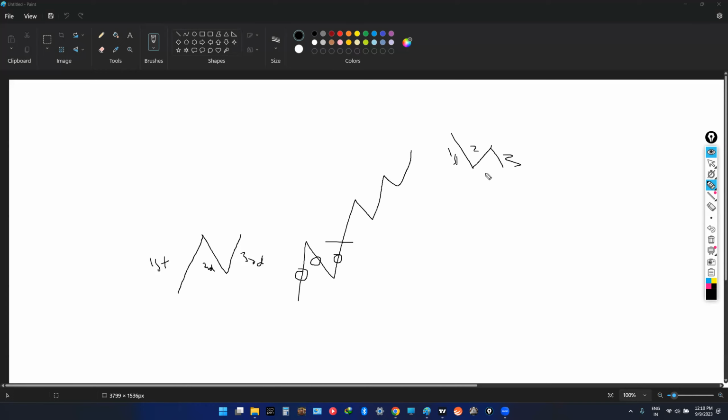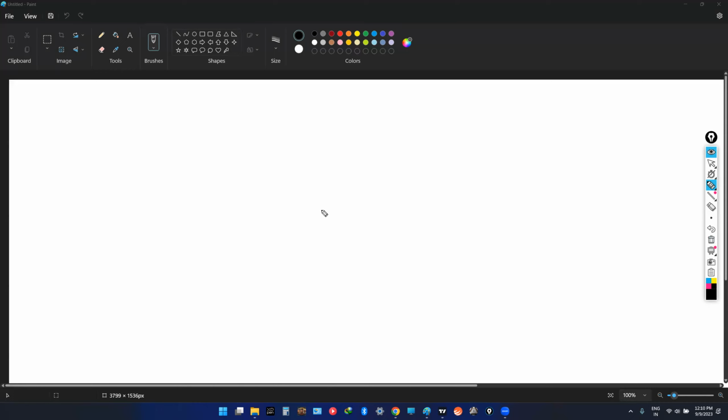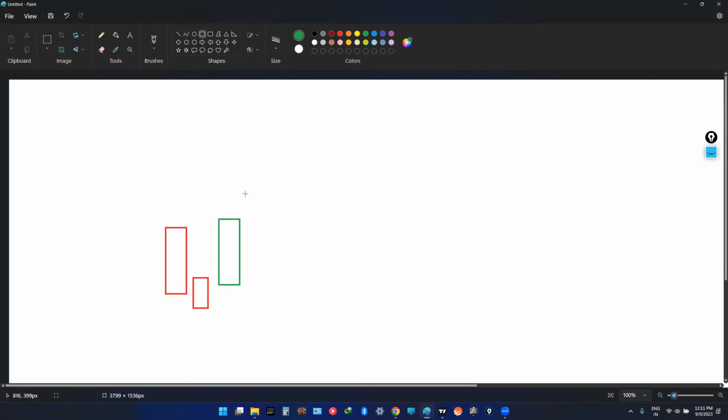This is one of the simplest structures that we can discuss and we can trade or invest on, which is very powerful and very simple. Nothing much to do. So what is the exact plan of this setup or structure? Say if you see something like this, a red candle, a structure like this is not an uptrend.